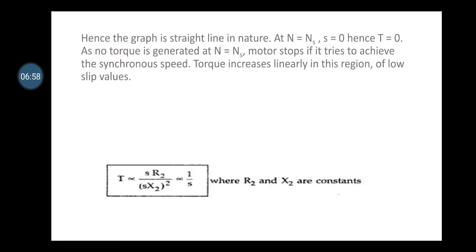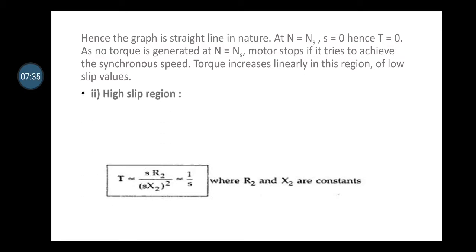Hence the graph is a straight line in nature. At N equal to Ns, the rotor is rotating at the synchronous speed, therefore S is equal to 0, and no torque is produced. As no torque is generated at N equal to Ns, the motor stops if it tries to achieve the synchronous speed. Torque increases linearly in this region at low slip values.